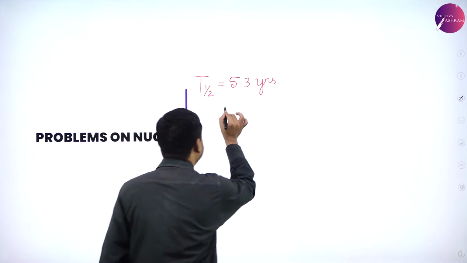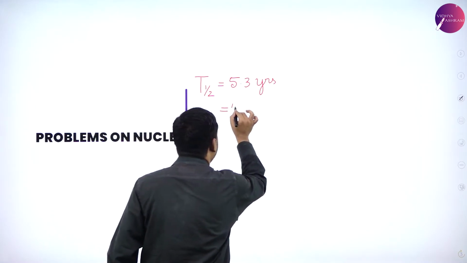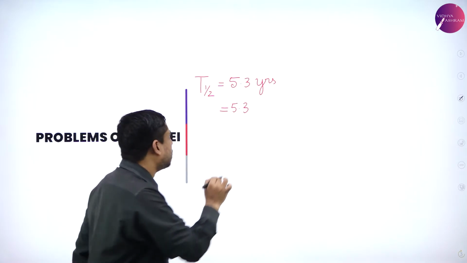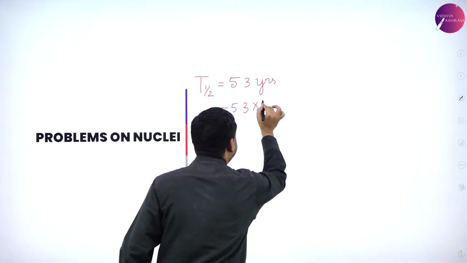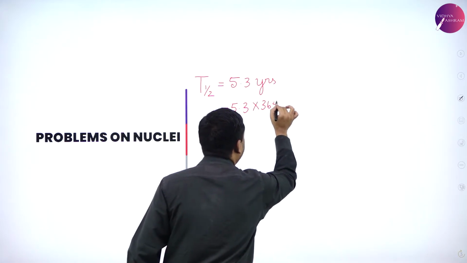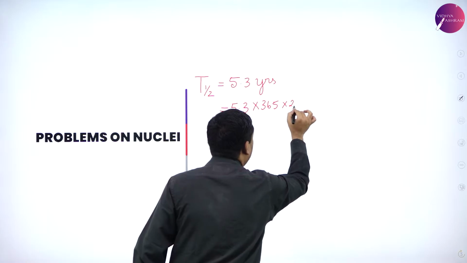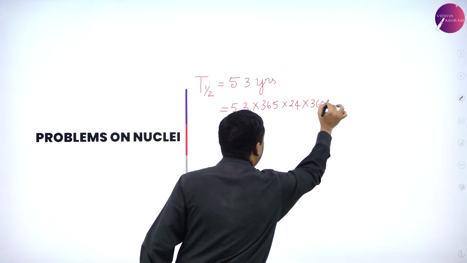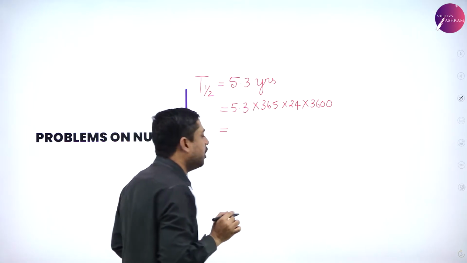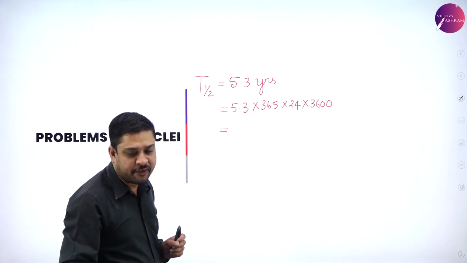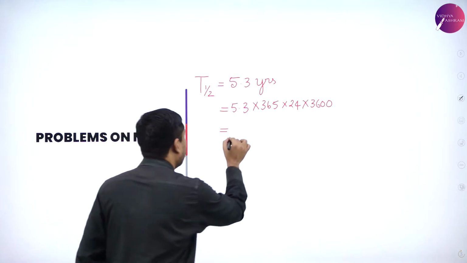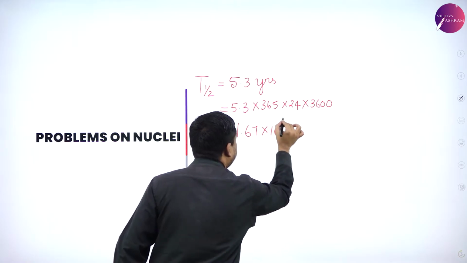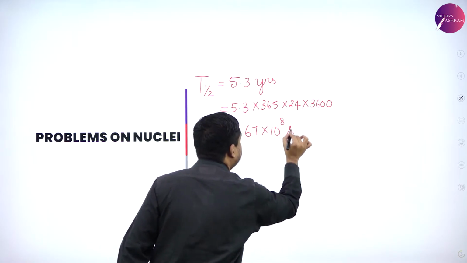So this will be 5.3 into 365 into 24 into 3600. So half-life turns out to be 1.67 into 10 power 8 seconds.